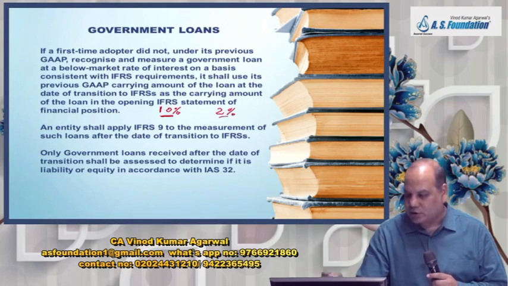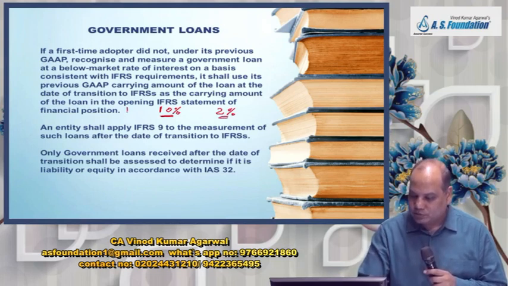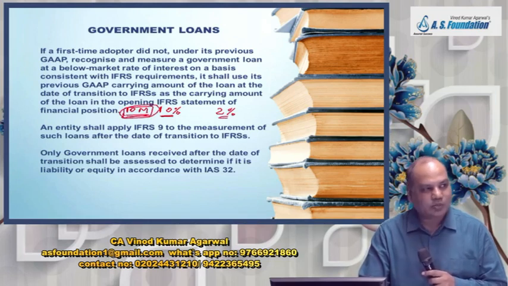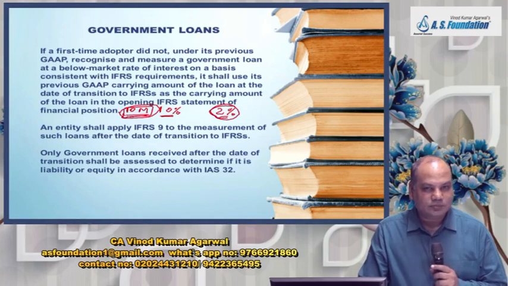Government may give you a loan at the rate of 2%. So earlier what we used to do, suppose we have received 10 million as a loan from the government, I will show 10 million only in my books as a loan from government, and I will recognize 2% of 10 million as interest. That is what you might be doing in the previous GAAP.